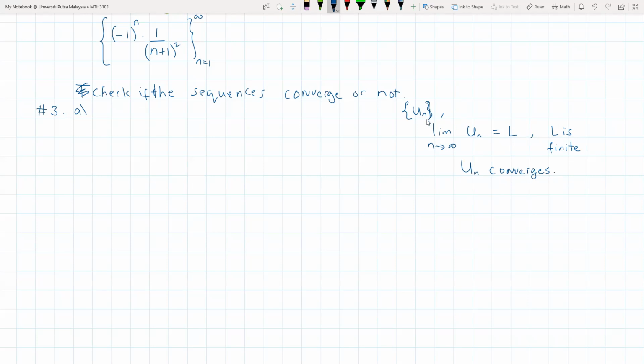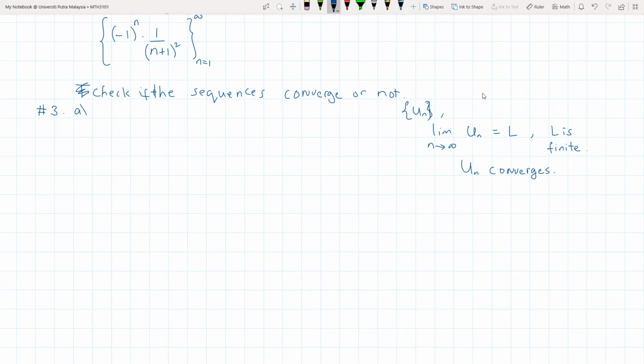So this is the easy part for sequences. For series, it's quite different. You only need the general term to be finite. Otherwise, it diverges.